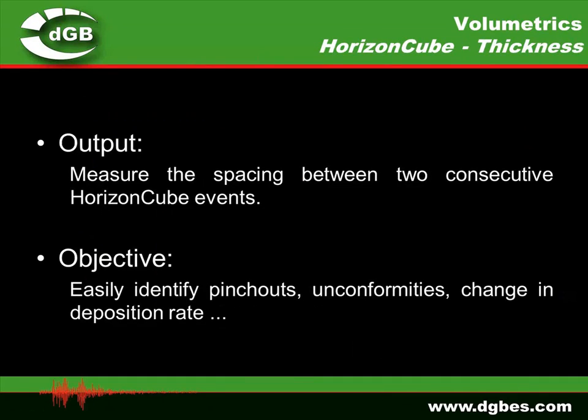Another HorizonCube attribute is the thickness. It measures the spacing between two consecutive HorizonCube events. The same way, you can see easily pinch outs and unconformities, and you can also see changes in the deposition rate. Same section.